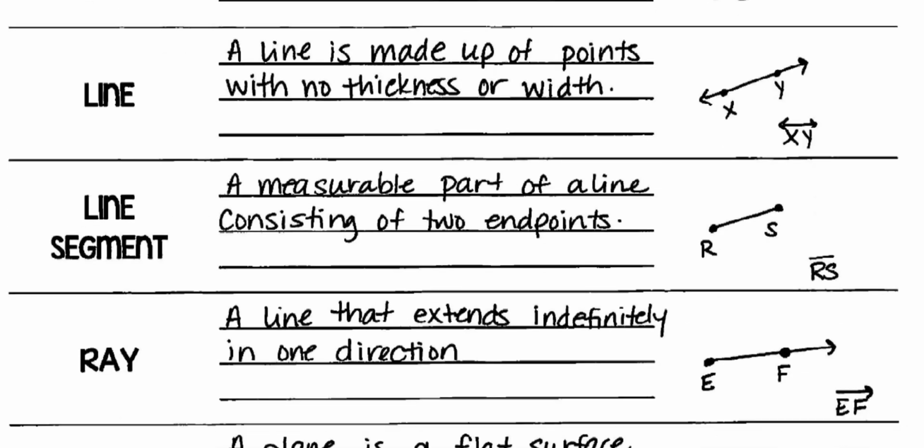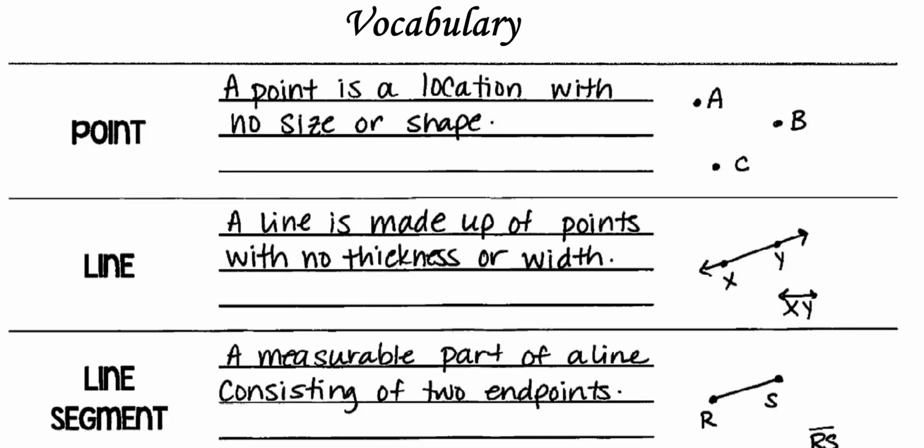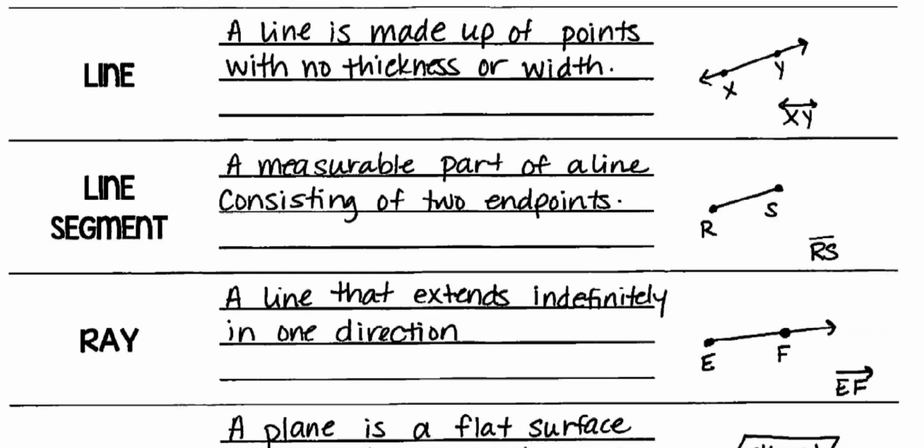Next, by the way, we should be filling in our note guides as we're going through this, a line. So a line is made up of points with no thickness or width. So if you look at this line, we have point X right here and point Y. Now a line goes on forever, meaning these arrows indicate that it keeps going this way with no end.